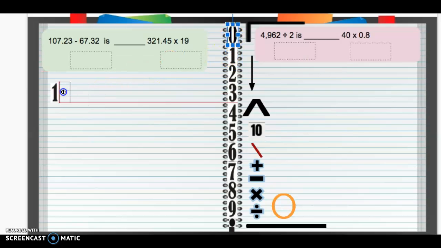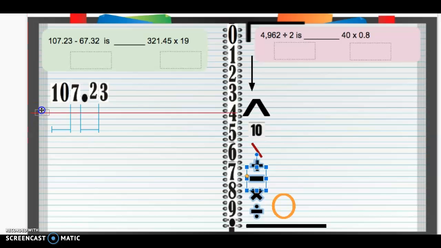So we have 107. We have to find the difference. 0.23. We have to subtract 67, and we line it up based off place values.